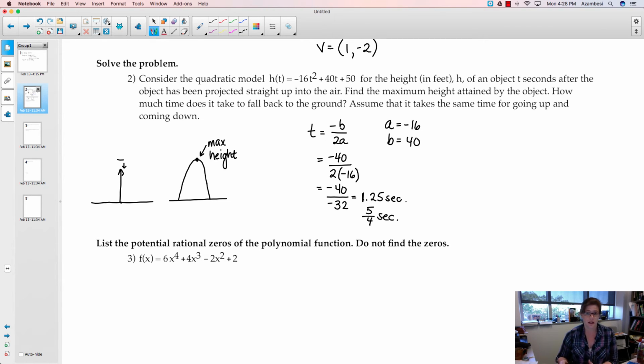Now the actual height it achieves is the amount of h you get from that 1.25. So if I'm looking for the height, what I have is h of 1.25 seconds, and negative 16 times 1.25 squared plus 40 times 1.25 plus 50.